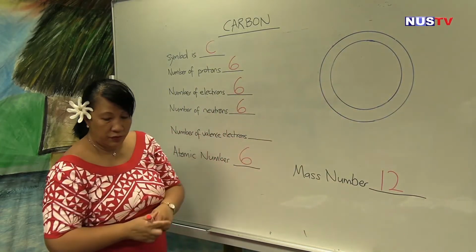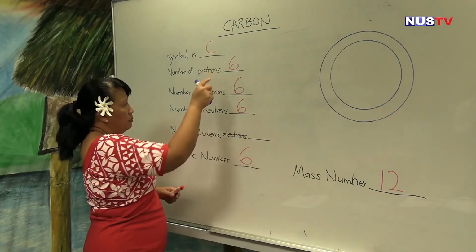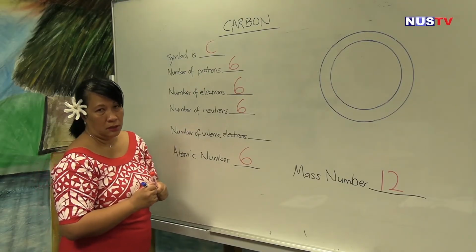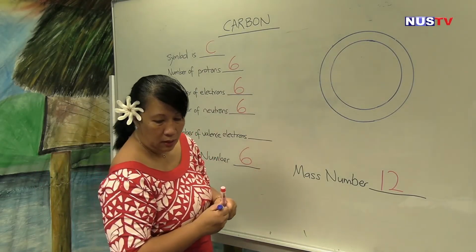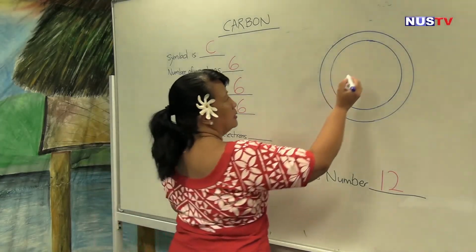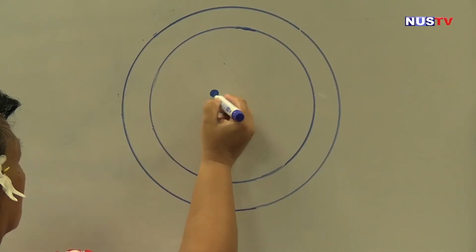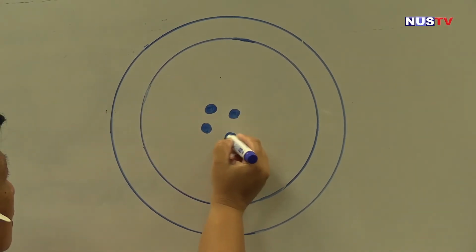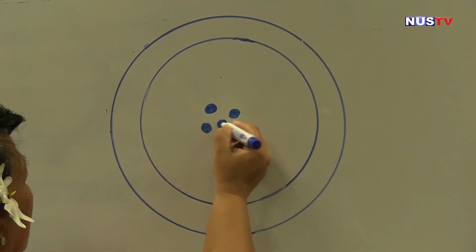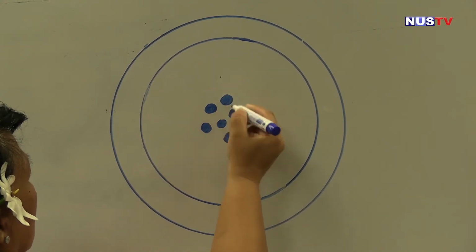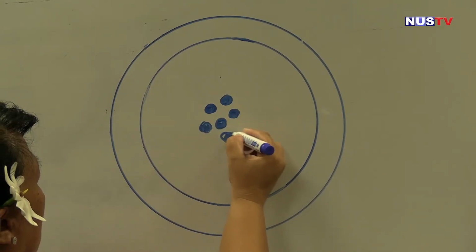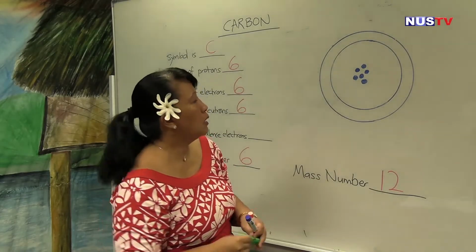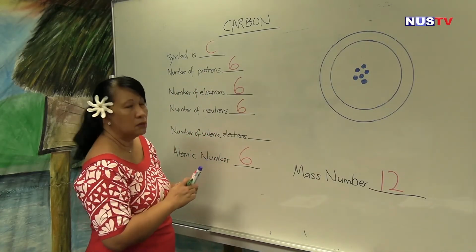Now, let's fill the diagram up using the numbers that we have already. They say here that we have 6 protons. Okay, so you can write in the blue color the 6 protons: 1, 2, 3, 4, 5, 6. You can use the green color to represent the neutrons.